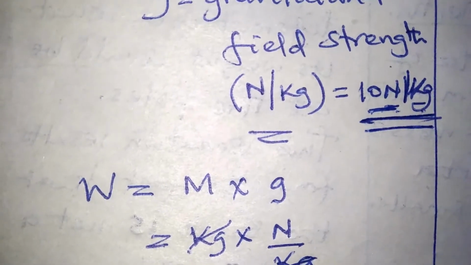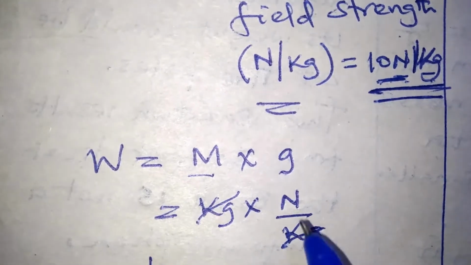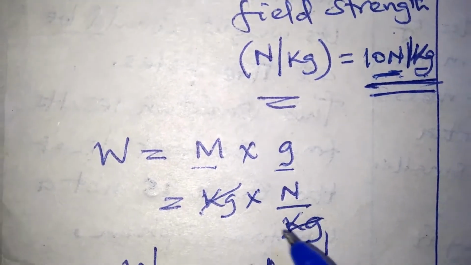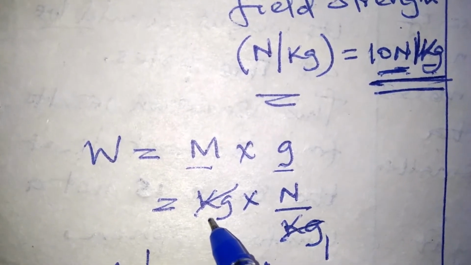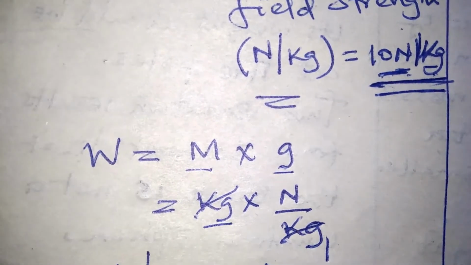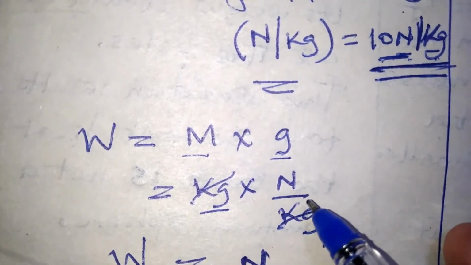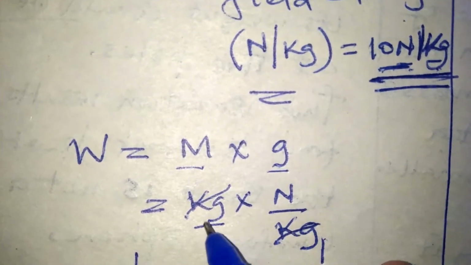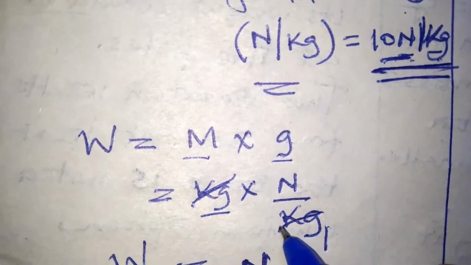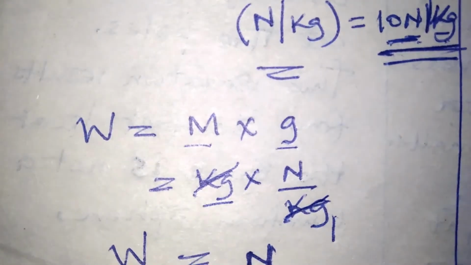If we bring back our formula, W is equal to m times g, and we replace m with kg, the SI unit for mass, and g with Newton per kilogram, N over kg, then we can cancel kg with kg and we are left with Newton.